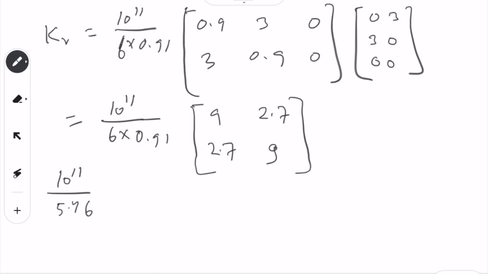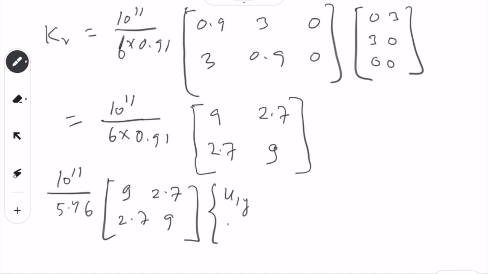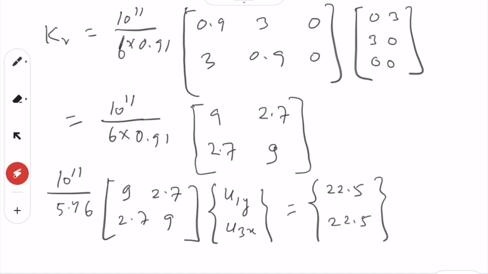So 10 to power 11 over 5.46, 9, 2.7, 2.7, 9 multiplied by u1y and u3x is equal to 22.5 and 22.5. Okay, so whatever we get, this one is in meters.